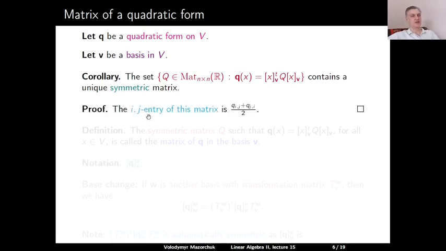So this is a matrix in which the ij entry is given by q_ij plus q_ji divided by 2.